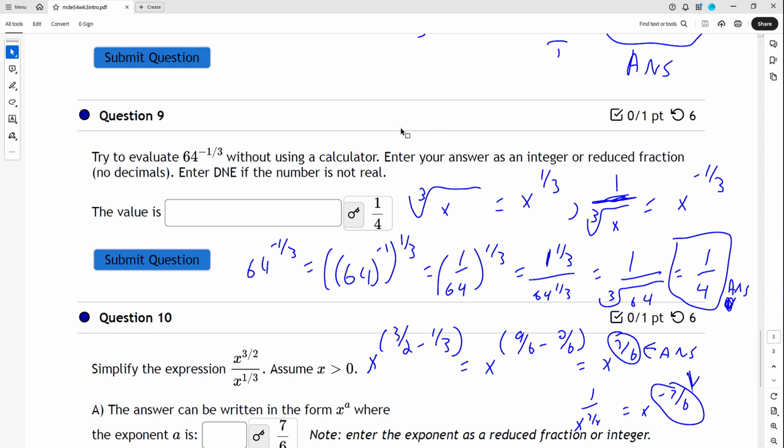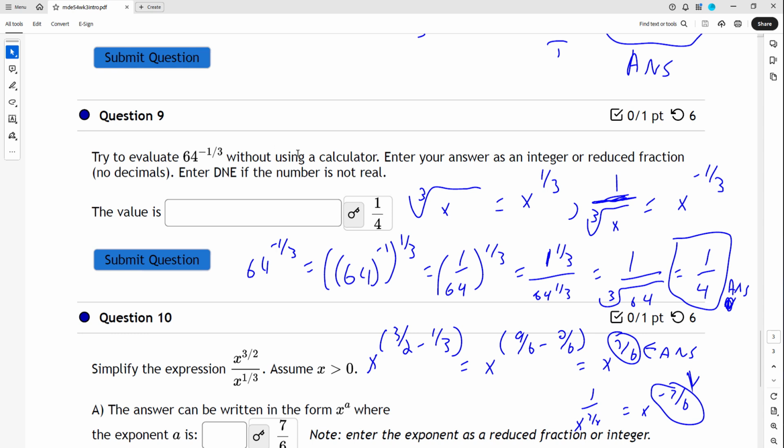And this one here, evaluate 64 raised to a negative 1/3 power using a calculator, and enter your answer as an integer or reduced fraction. Use does not exist if the answer is not real.